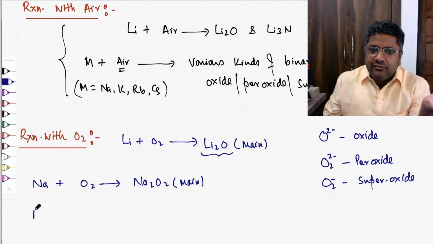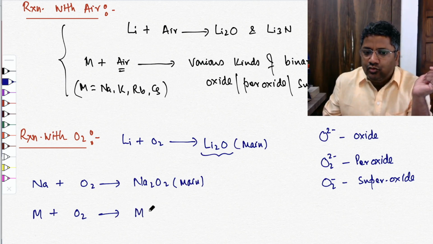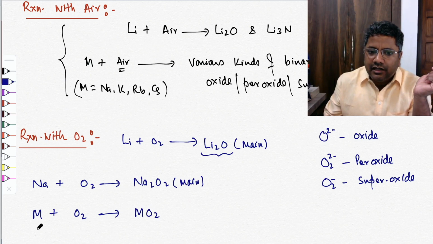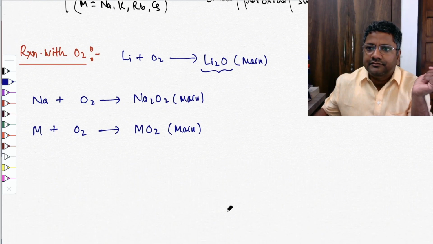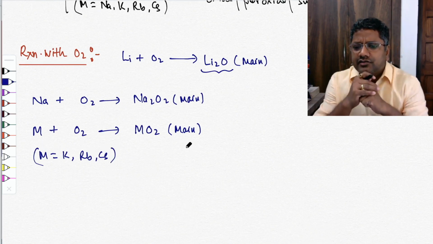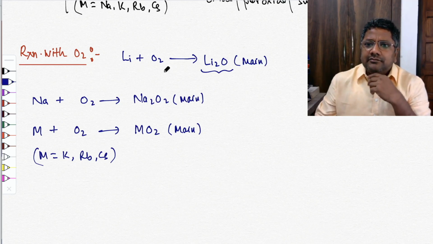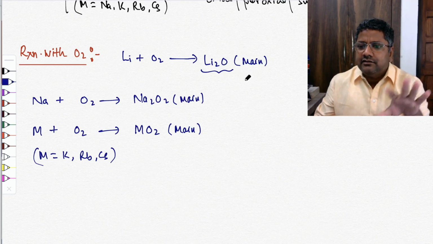But if you take metal plus oxygen, you will have MO2, right? It is the main compound when the metal is potassium, rubidium, and cesium. So this is a very important reaction. Many times students are confused here: lithium mainly forms oxide, very little superoxide or peroxide.